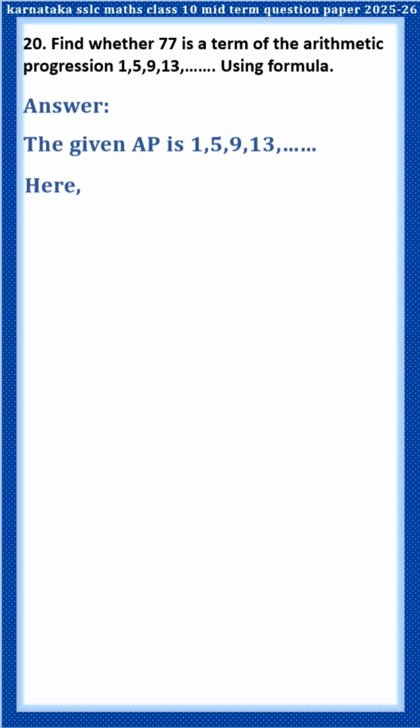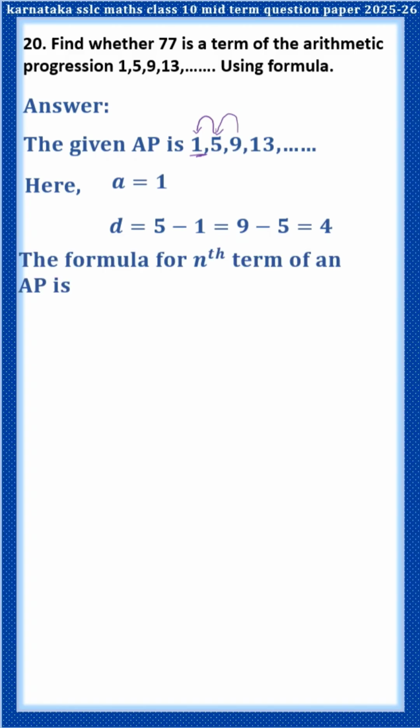So here A, the first term, is equal to 1. D is equal to the second term minus the first term, third term minus second term, that is 4. Here we have to check whether 77 is a term, isn't it?